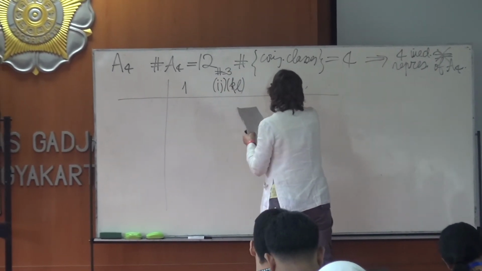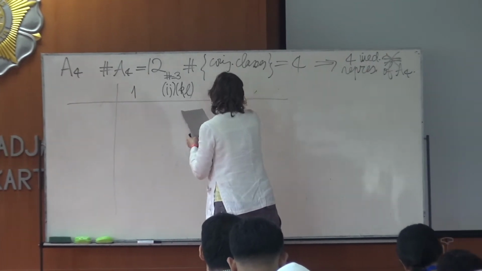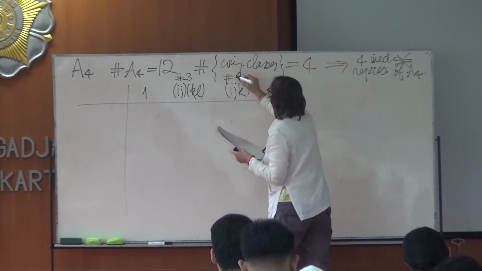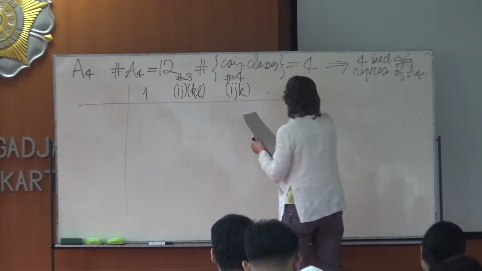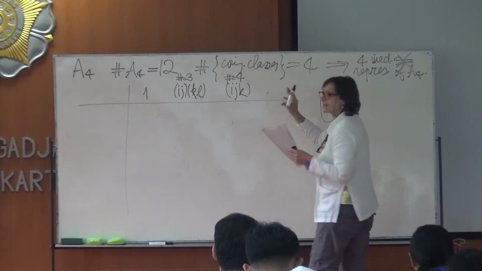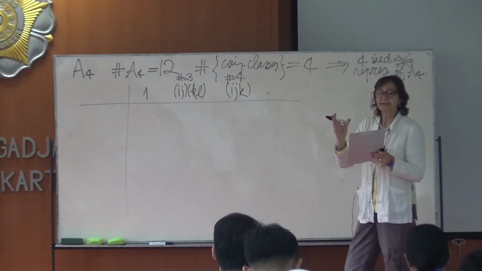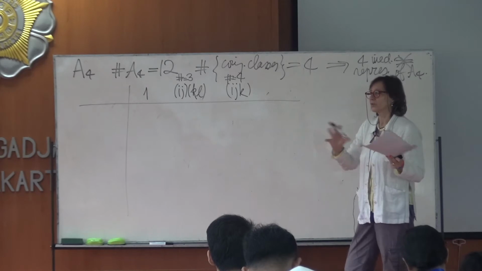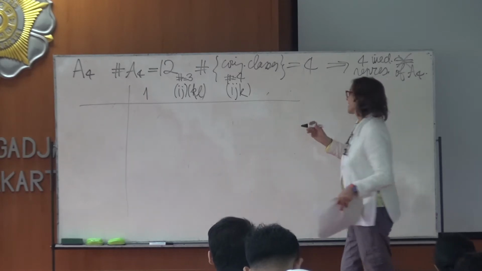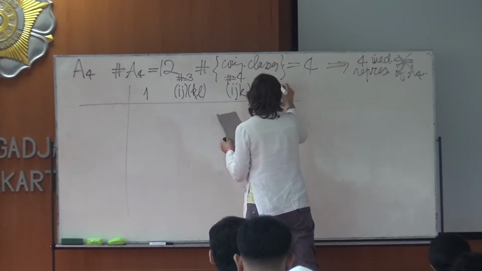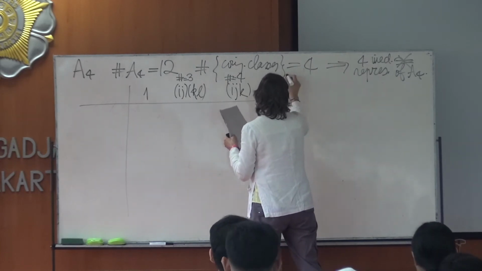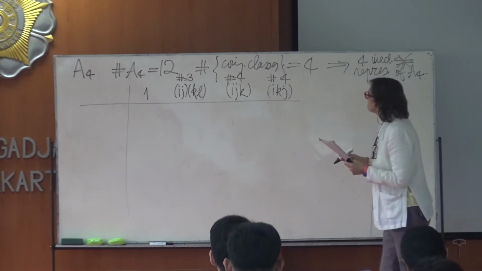Then we have the 3 cycles, and there are 4 of them. And we have the other set of 3 cycles. You remember, the 3 cycles in A4 fall into 2 conjugacy classes. And so the other cycles are, and 4 of them here.